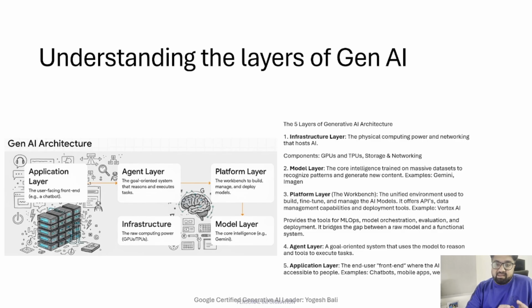Then inside it are agents, which are solving some task, and these agents are using AI models through the platform layer in this AI infrastructure. So this is the core architecture of generative AI.